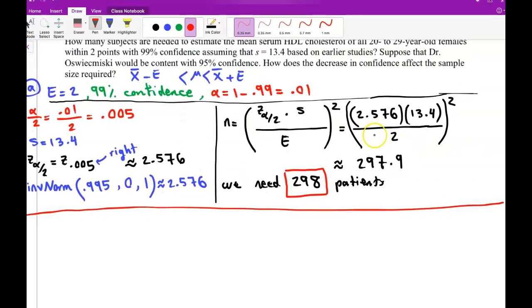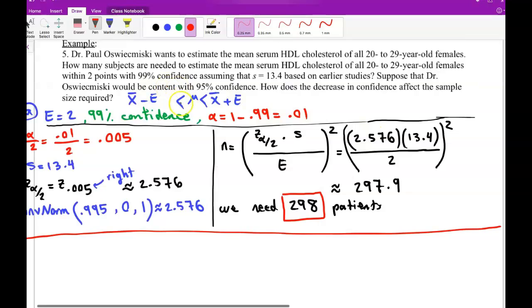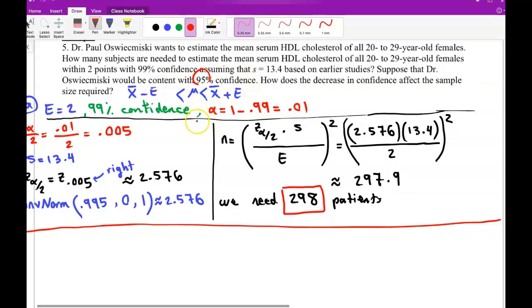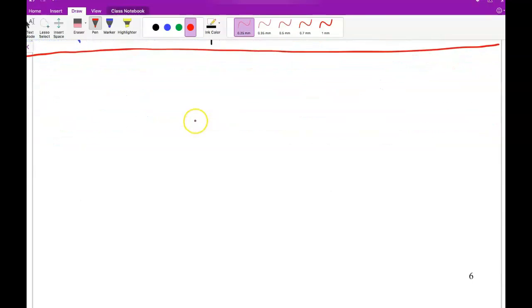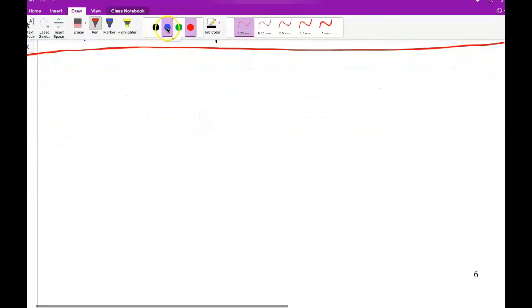So that was part A. Now part B, instead of using 99%, now we have 95%. Okay, so part B, here again the error is 2. Now we have 95% confidence.